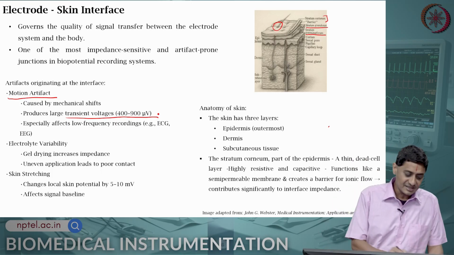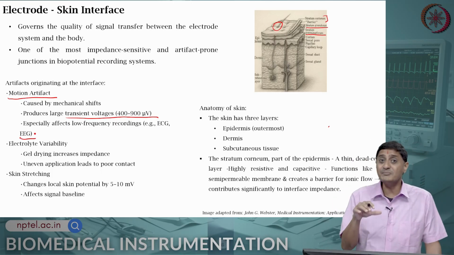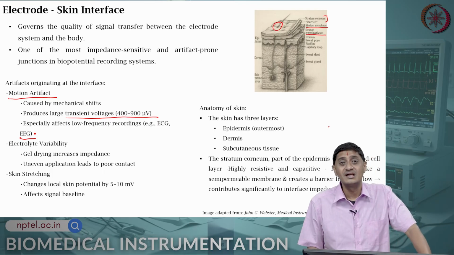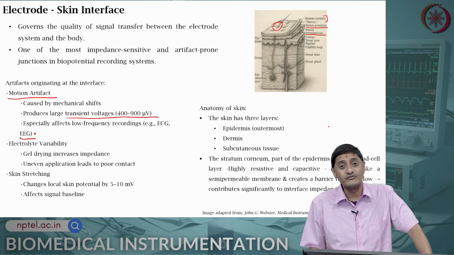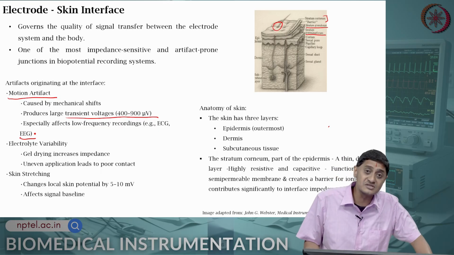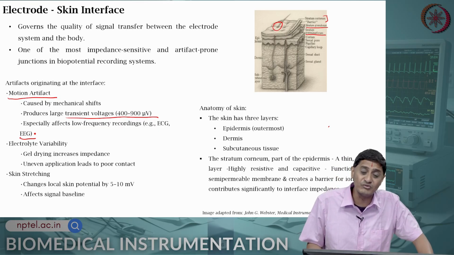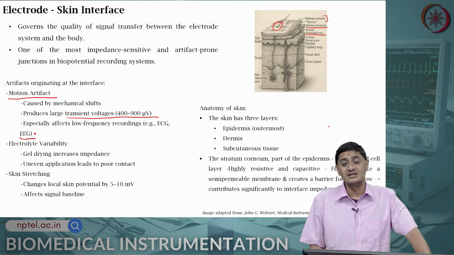For example, EEG has significant power at low frequencies. So, frequency is also comparable, amplitude is also comparable, then how do you remove this movement artifact?